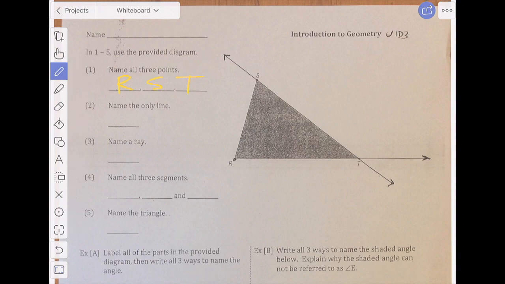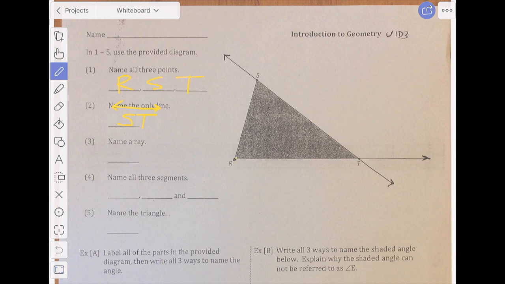Name the only line that's in the picture. There's only one line that's in this picture actually. Do you see it? If you do, write it down. And you can abbreviate that with a line segment or a line symbol over the letters S and T. There's more than one ray in the picture. It says name a ray.